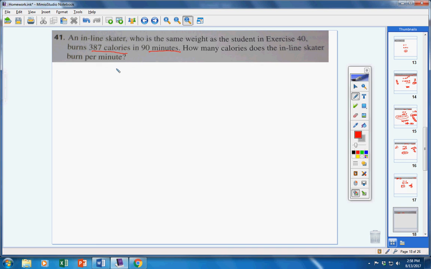Above number 40 in the black print, you'll see that it says the number of calories burned can be expressed by R times M. So, calories burned equals the rate that you burn the calories times M, the number of minutes.